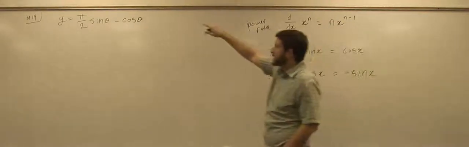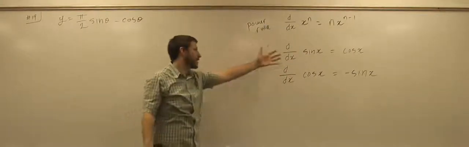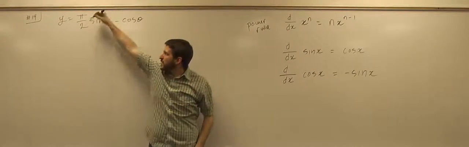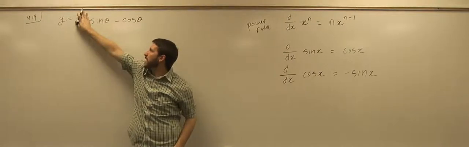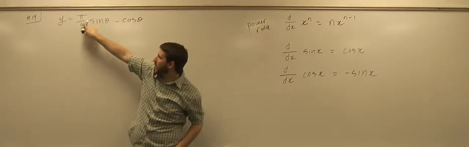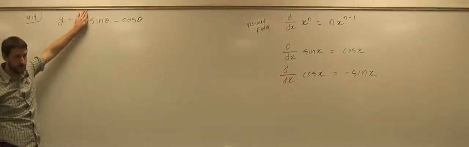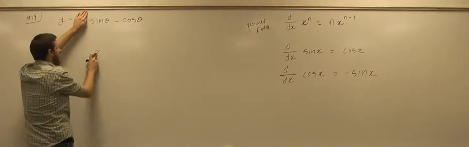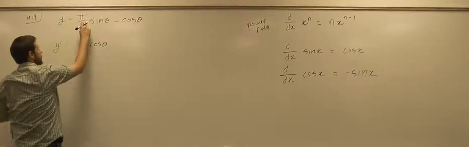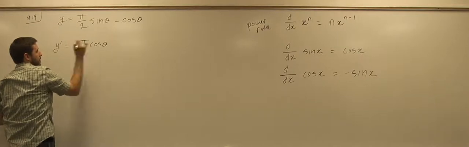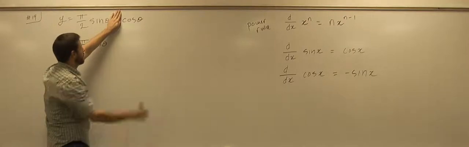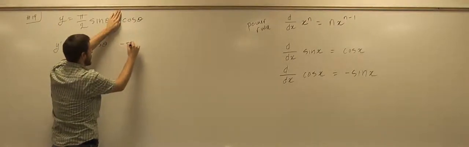Now, in this case, we had a couple other rules, like constant multiples can be pulled out of the derivative. Because I have a constant multiple, I'm going to take the derivative of sine and then multiply the answer by pi over 2. Whenever you have a constant out in front, you can ignore it at first when you're doing your derivative. So the derivative of sine is equal to what? Cosine. But then because there's a constant multiple, I'm going to bring that down. Now I have to do the derivative of cosine, which is just negative sine.